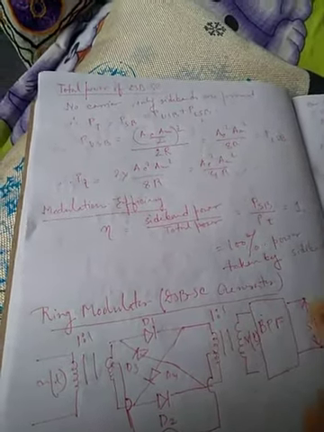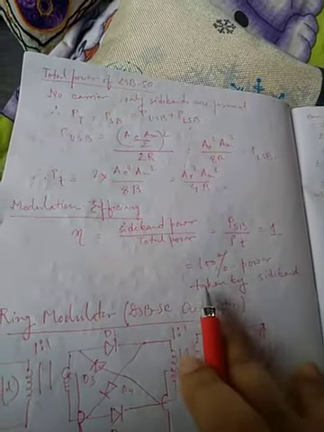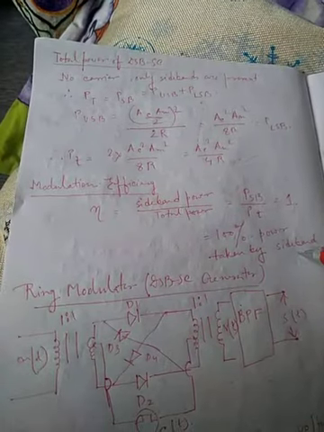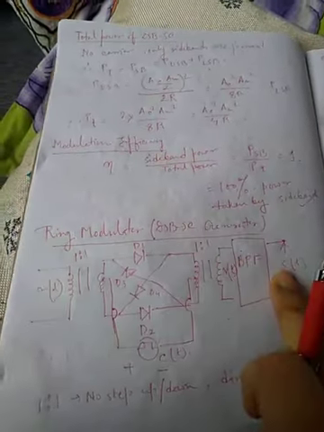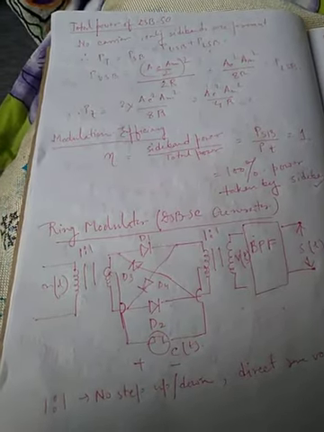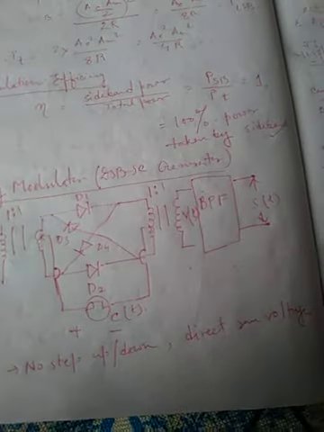So 100% efficient transmission can be done, where 100% of the power is taken by the sidebands. In terms of efficiency, we can see some improvement from normal DSB full carrier to double sideband suppressed carrier. Next, how to generate a double sideband suppressed carrier.